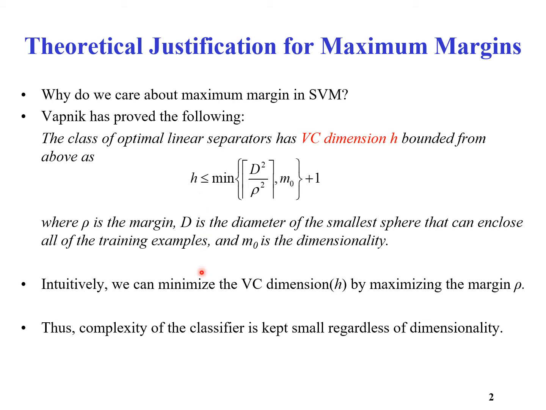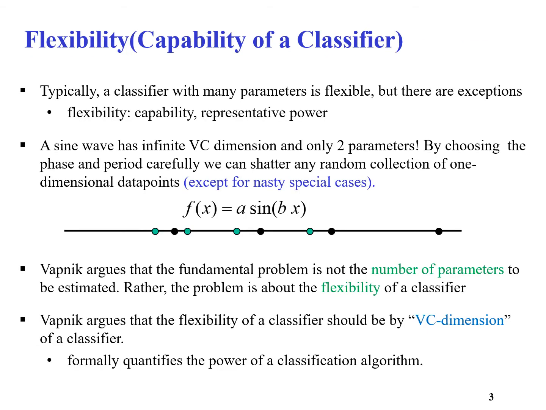Then you may wonder what VC dimension is, and why it is important to minimize it. We're gonna talk about this in the rest of the slides. Before we move on to VC dimension, let's talk about the flexibility or capability of a classifier.